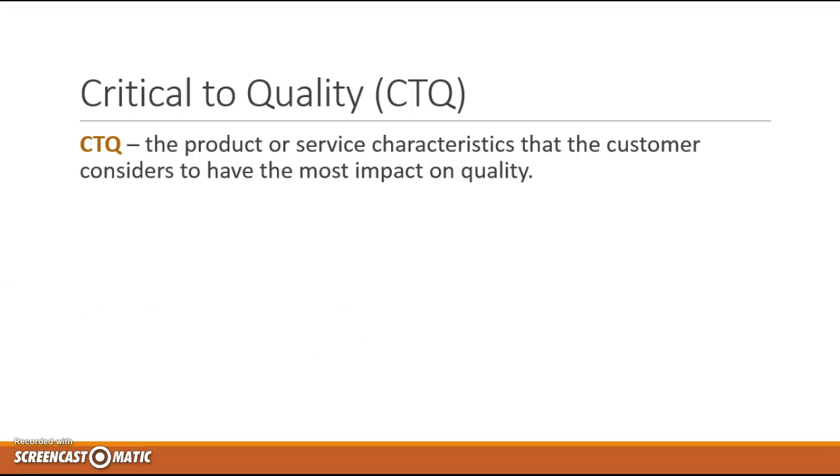We can do that using something called critical to quality, or a CTQ tree. Critical to quality means the product or service characteristics that the customer considers to have the most impact on quality. And we'll use a method called the CTQ tree to get to understanding what those things are.